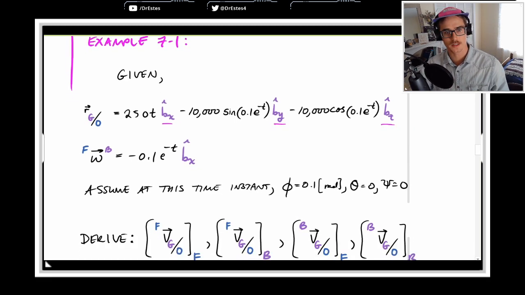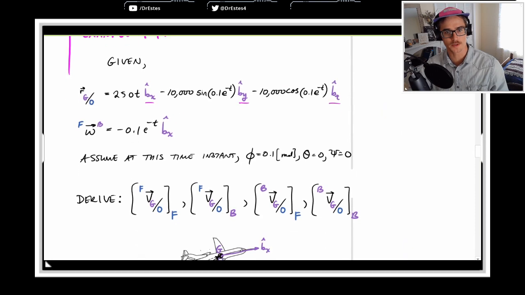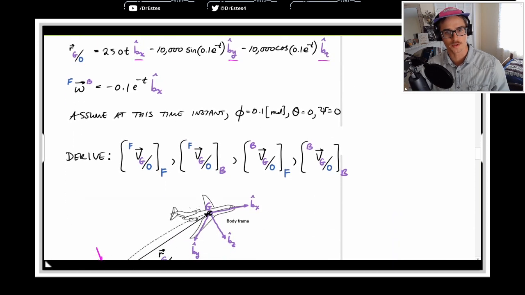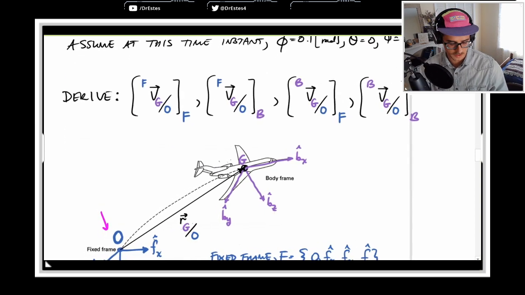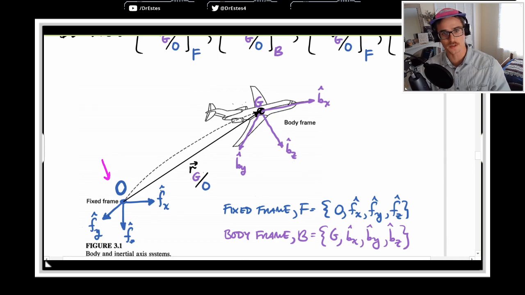So up above, I'm defining this position vector with respect to B frame components. And maybe this helps a little bit too. Like this position vector, if I project it onto B frame components, it's this, but I could also project that position vector onto F frame components. In any case, it just represents this vector in space.